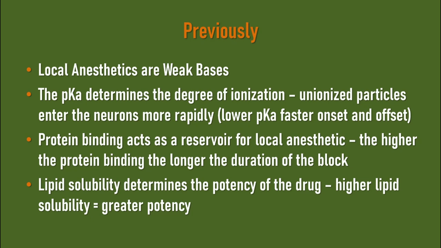That means that the lower the pKa, the faster the onset and offset of action. Protein binding acts as a reservoir for local anesthetic. The higher the protein binding, in general, the longer the duration of the block. Finally, lipid solubility determines the potency of the drug. Higher lipid solubility means greater potency.